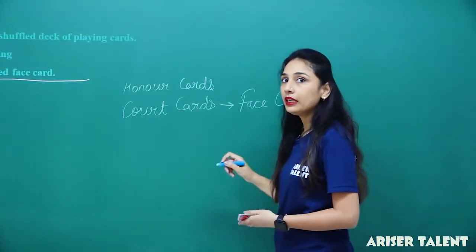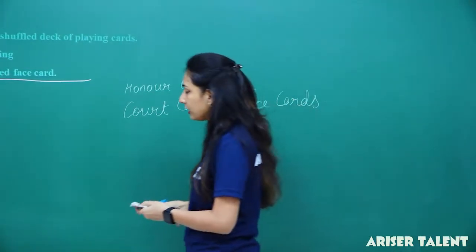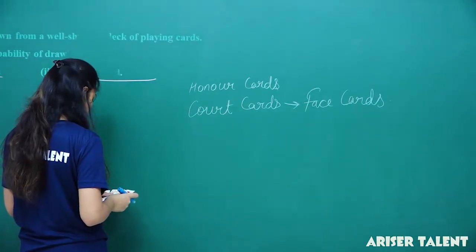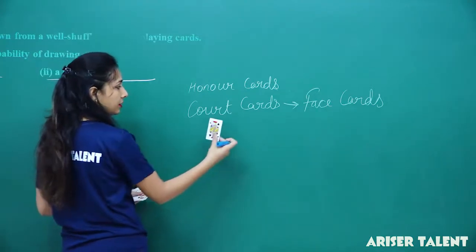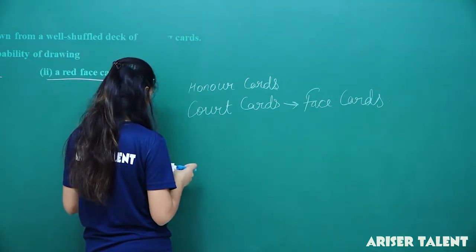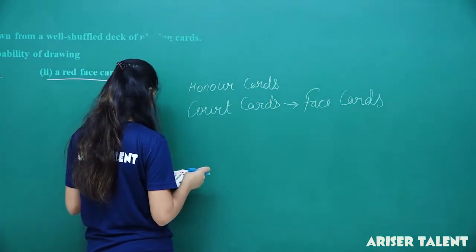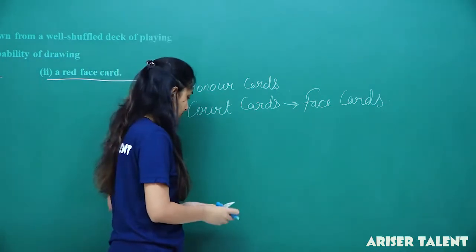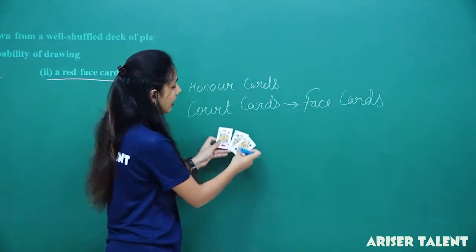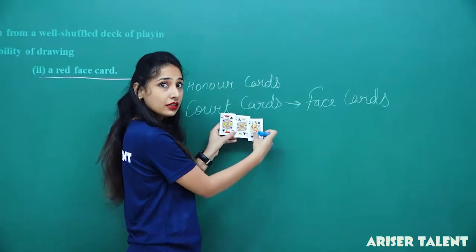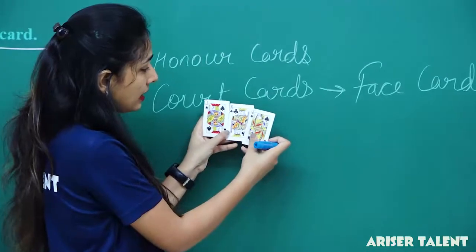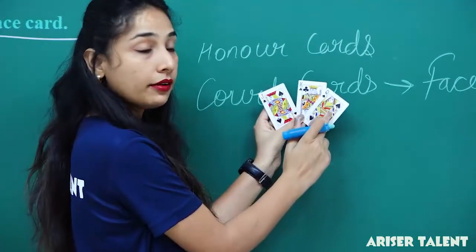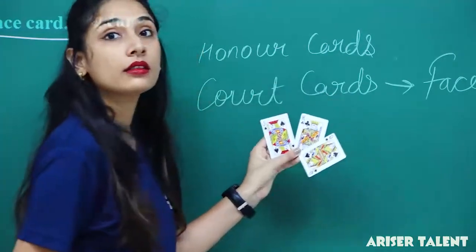So if you remember what I told you, what are the face cards or court cards, that was this first one, the second and the third. These three cards, they have faces, the 1, the 2 and the 3, right? So these are three face cards.